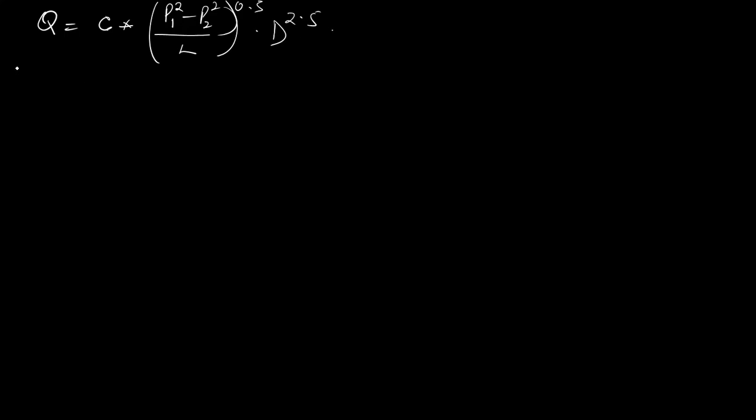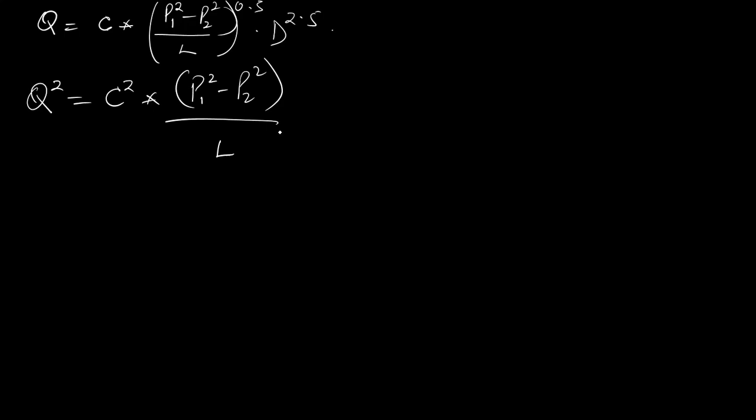So now if we square both sides of the equation, we have Q square equal to C square times P1 square minus P2 square, all in bracket, divided by L, times D raised to power 5. So now we'll rearrange this equation.